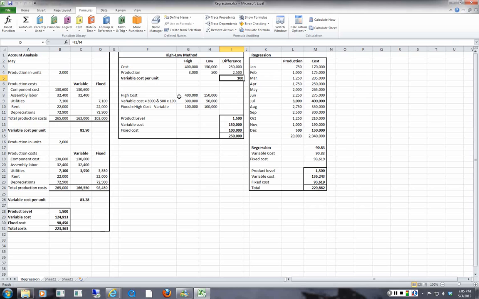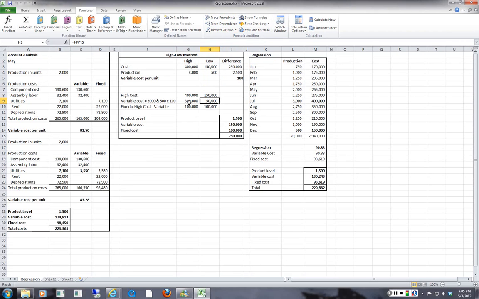We've got our high cost and the low cost. And the variable cost, we want to know what it is for 3,000 units and 500 units times 100. So we take the 3,000 and multiply that by 100 and we get 300,000. We take the 500 units and multiply that by 100 and we get 50,000.